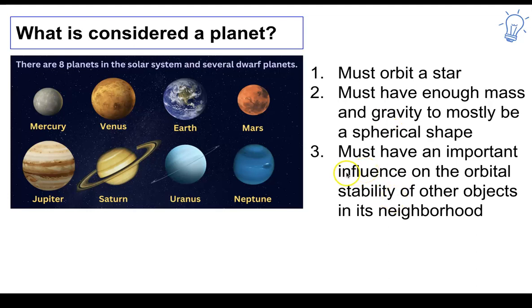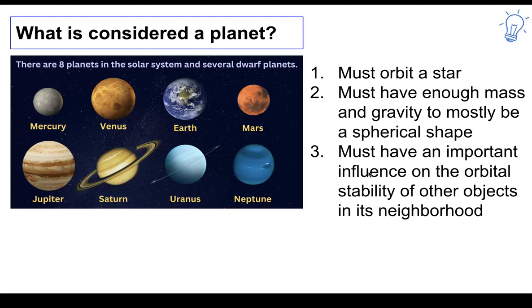Then, the third condition required for something to be a planet is that it has to have an influence on the orbital stability of the other objects in its neighborhood. Essentially that means it has to have cleared its orbital path of other random objects and have an influence on that path. When we look at some of the dwarf planets like Pluto, for example, it is a dwarf planet because it doesn't actually have a clear orbit.